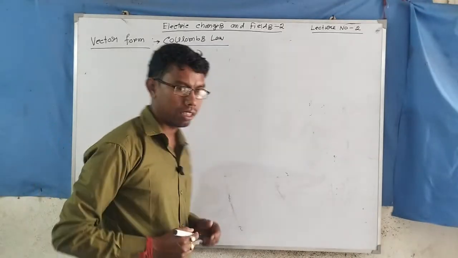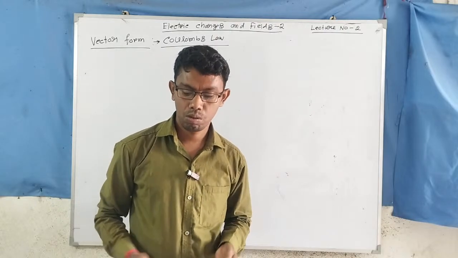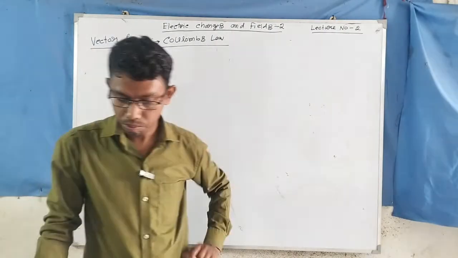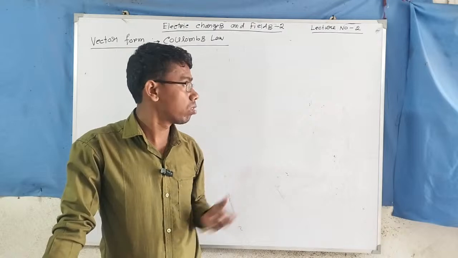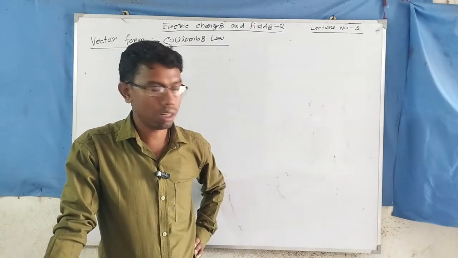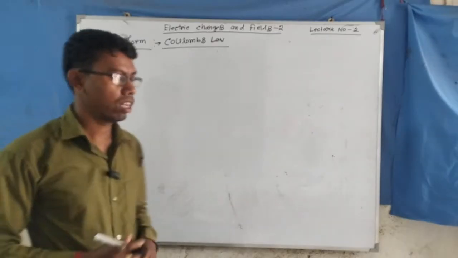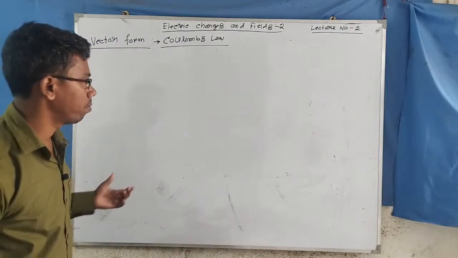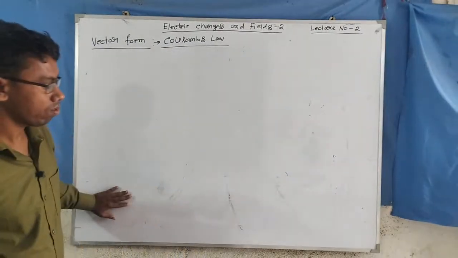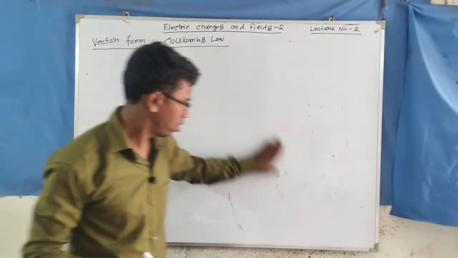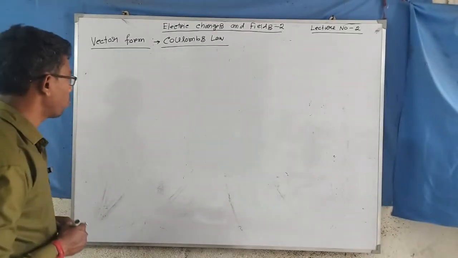In the previous lecture, lecture number 1, we discussed the Coulomb force, the electrostatic force. In this second lecture we discuss the vector form of Coulomb's law.